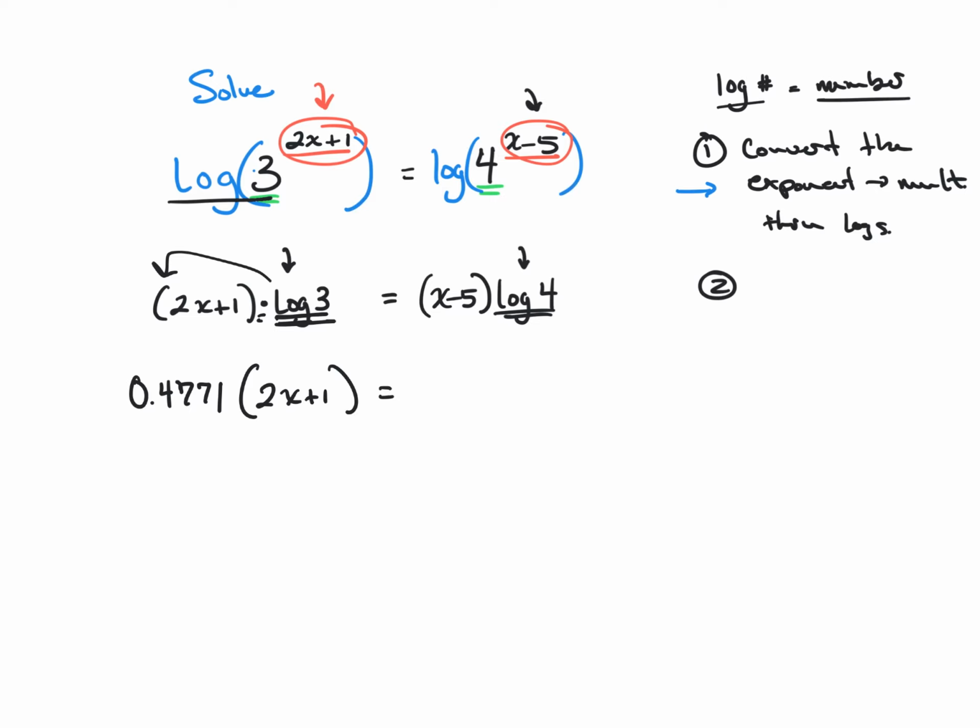That equals, and now I'll take the logarithm of 4. I write log 4 and hit enter, and do the same thing, and I end up getting 0.6021 by estimating, and then multiplying that by x minus 5. And now what you have, right?